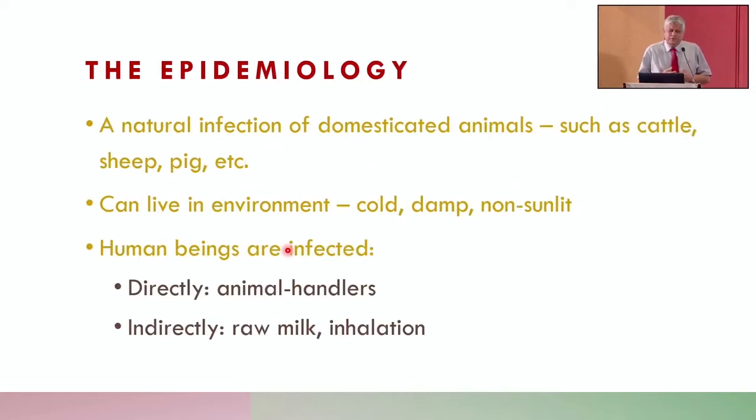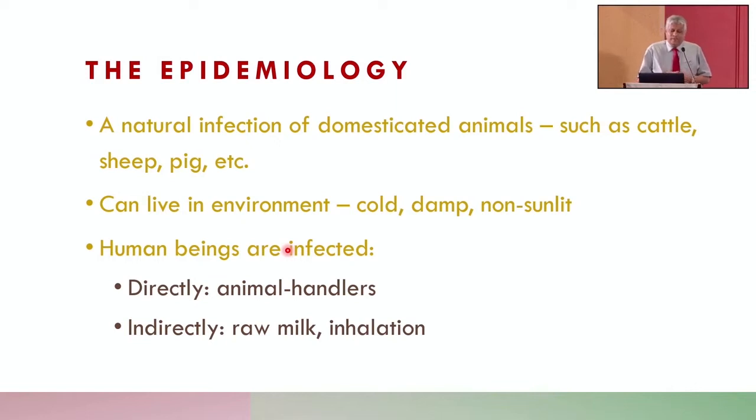If you talk about the epidemiology, well, in nature, the infection is found in domesticated mammals, such as cattle, sheep, and pigs. So it's very, very commonly seen in rural areas where there's a lot of animal farming. But actually, even outside that, it can be seen in other mammals also, even wild mammals.